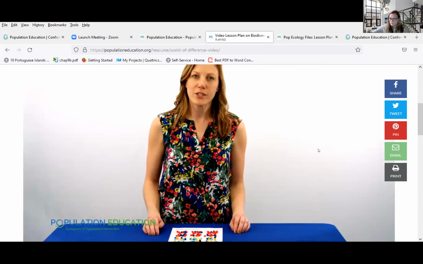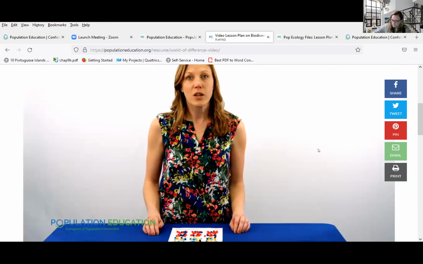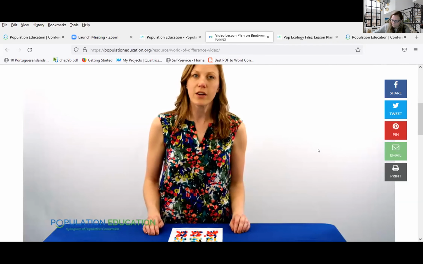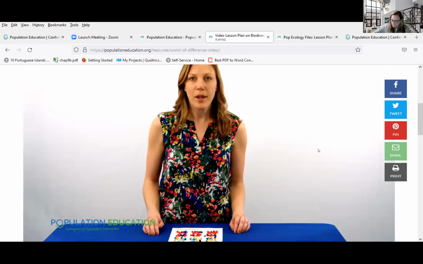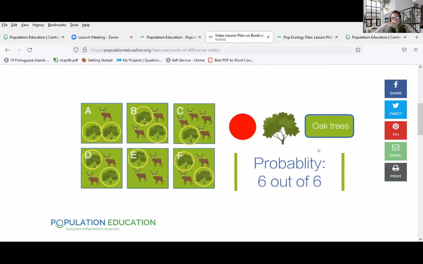Now the worksheet challenges students to determine the probability that the population of each species in each forest would change if you cleared an acre. For example, in the temperate forest with the red bead, the oak trees, there is a 6 out of 6 chance that the population would change if an acre was cleared, because oak trees are in every acre.